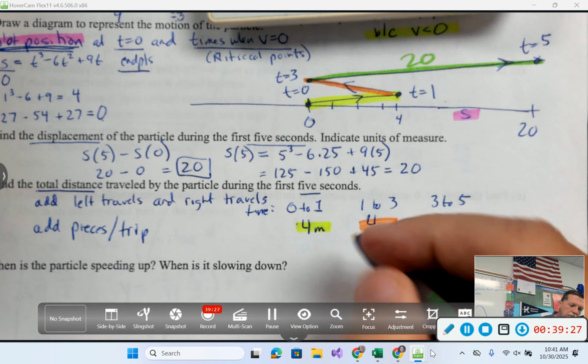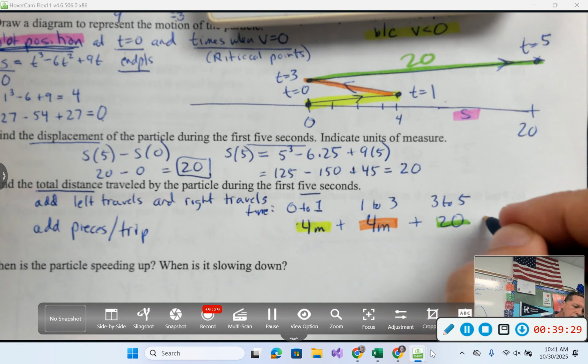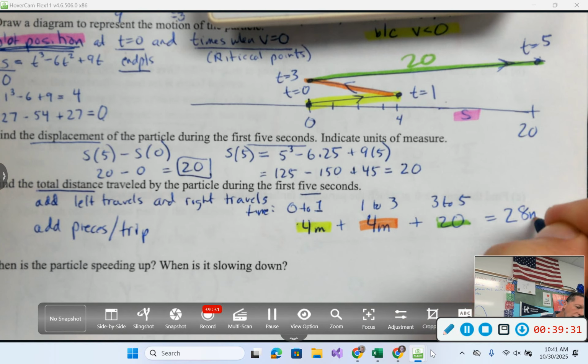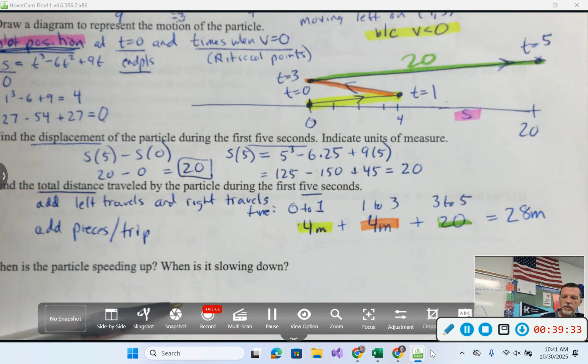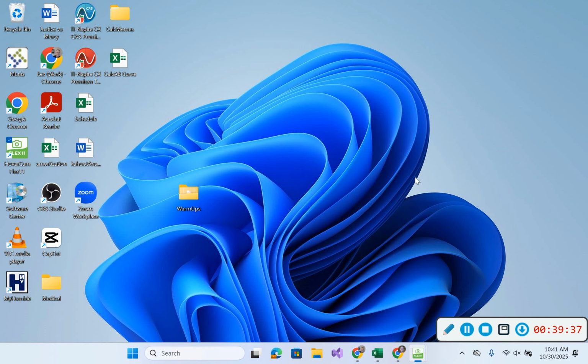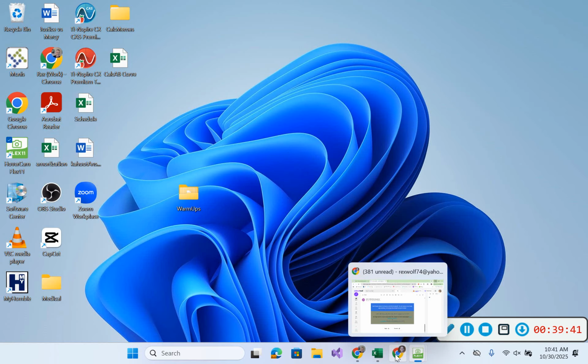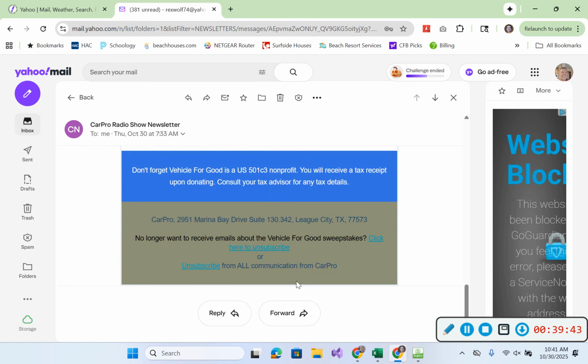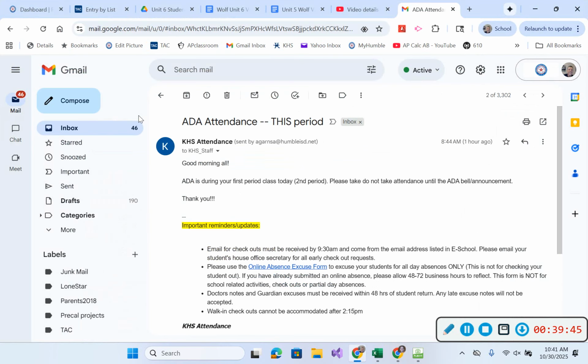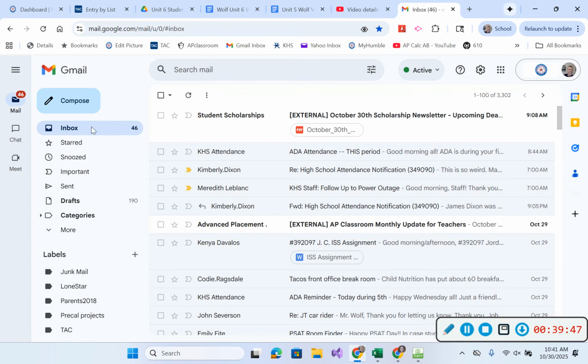So we add up the 4 and the 4 and the 20, and we traveled 28 meters. The odometer on the car would be 28 meters. The feeling in your legs would be, I ran 28 meters, even though your displacement was only 20.